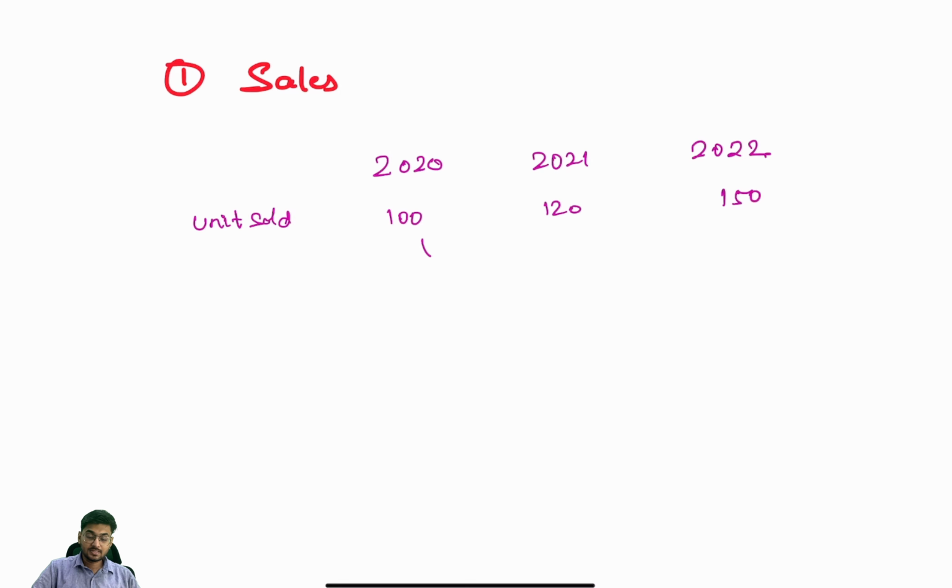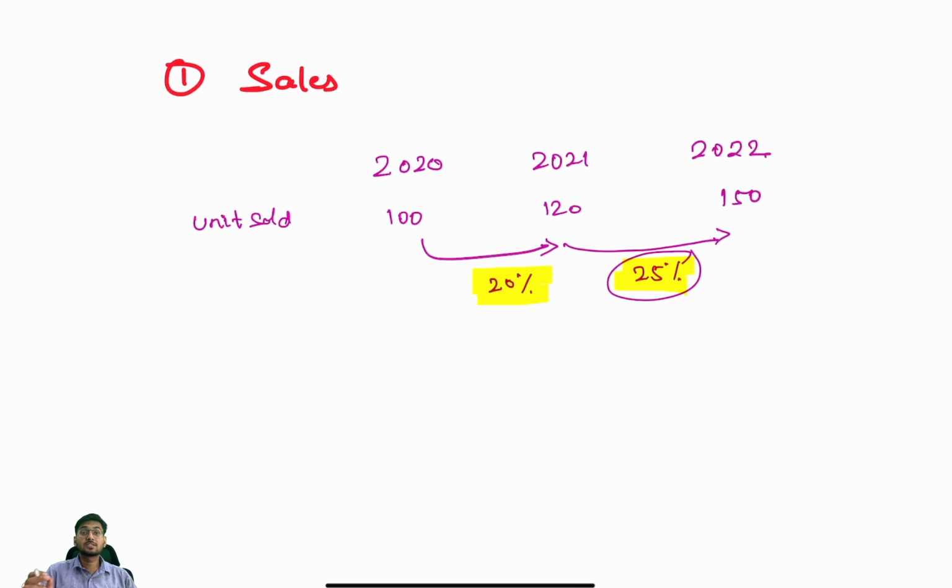Over here your sales increased by 20%, and here your sales increased by say 25%. I just took a random number. Now you need to tell us why you are expecting this level of growth. What is actually driving this growth?